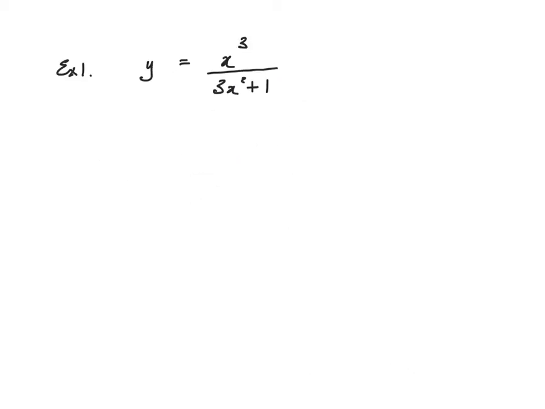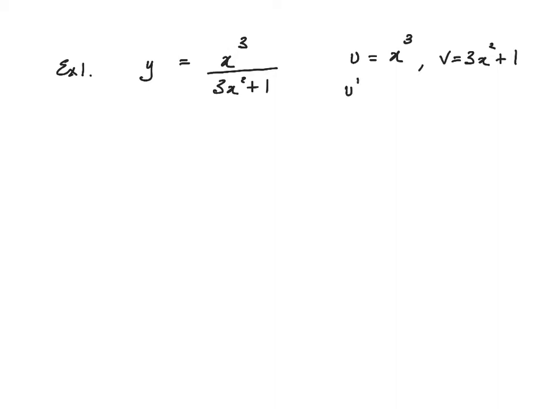So here we have a first example then. We might want to list u and v. Sometimes that's useful, particularly when the functions are a bit more difficult.